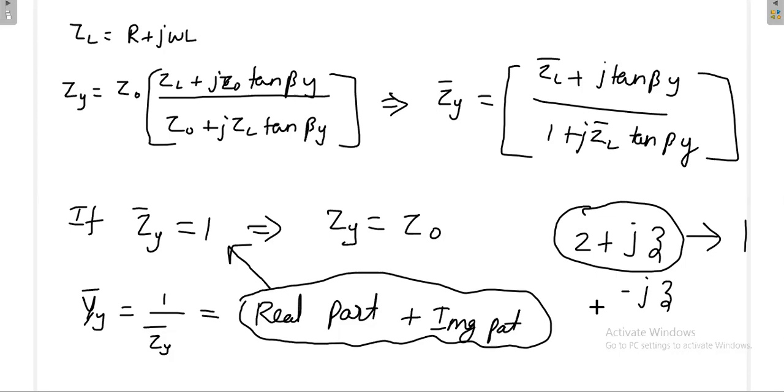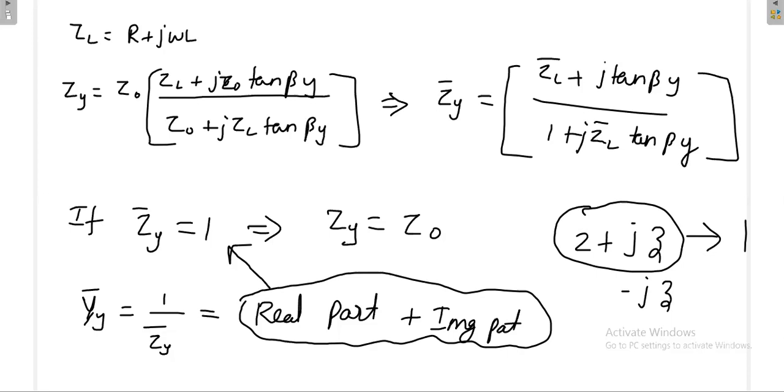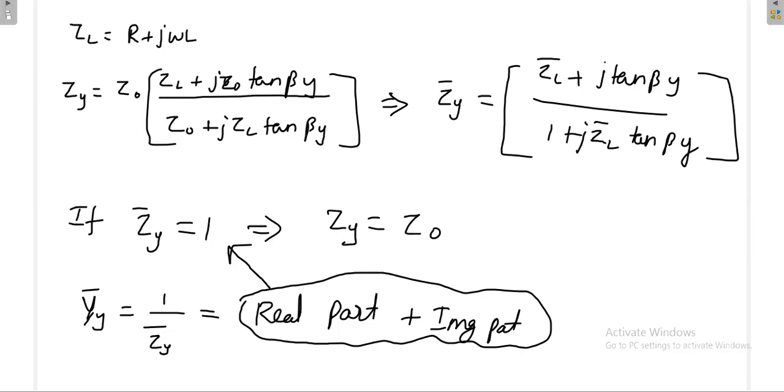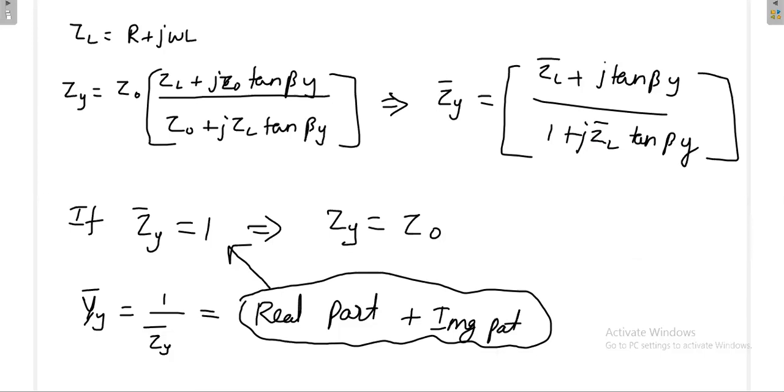But for the moment, I will try to remove the imaginary part first. How to remove the imaginary part? See, what is the idea here?